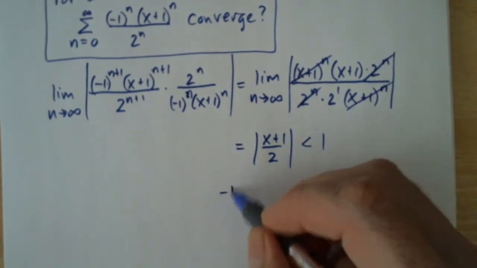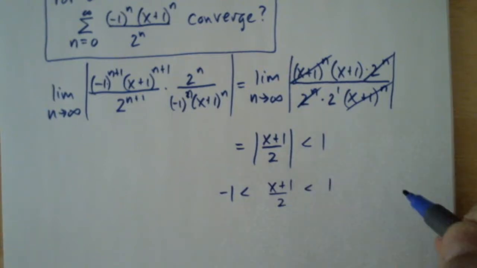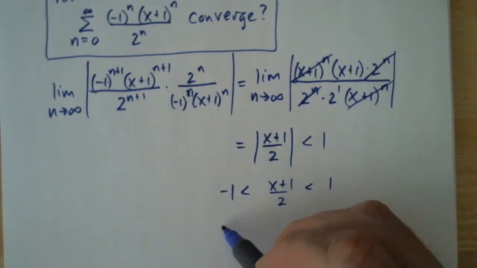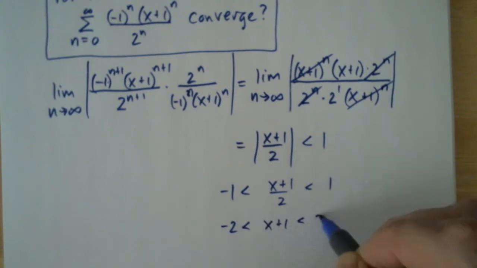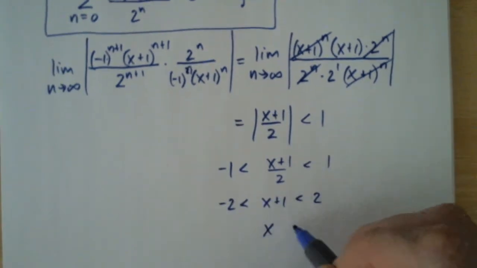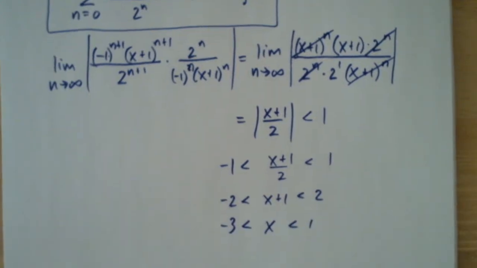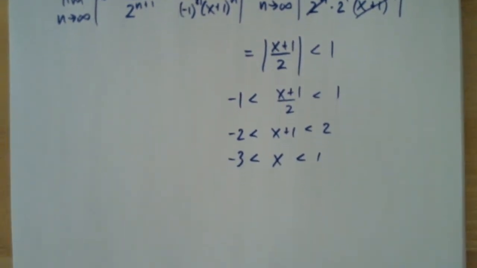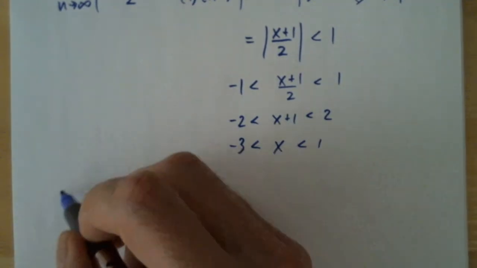So now we have negative 1 is less than x plus 1 over 2 is less than 1. Let's multiply by 2. Subtract 1. So there's the interval of convergence, negative 3 to 1, but we should check the endpoints.